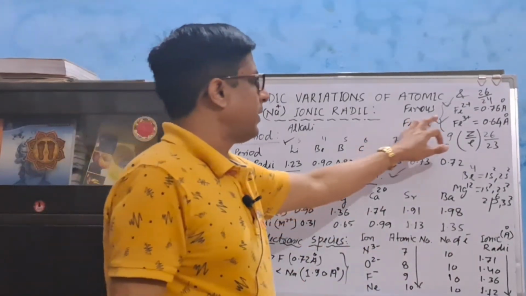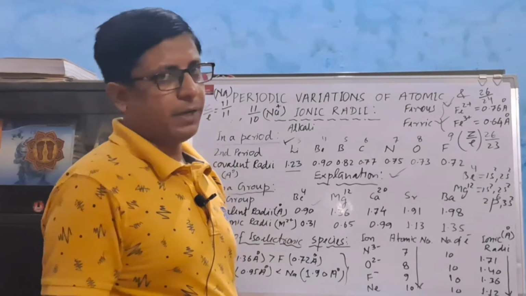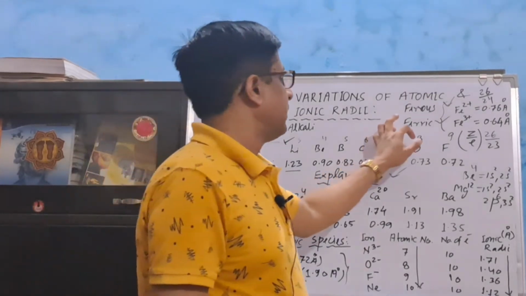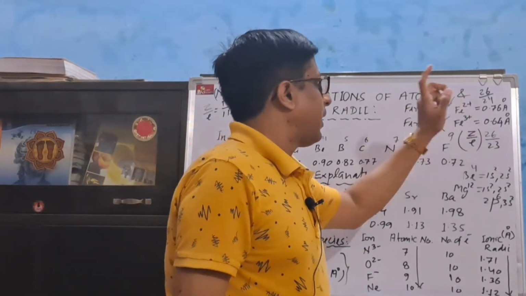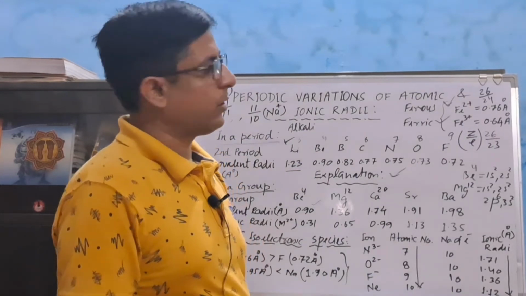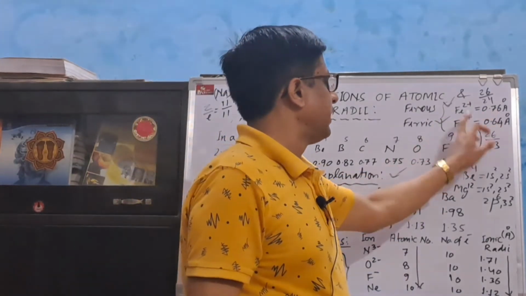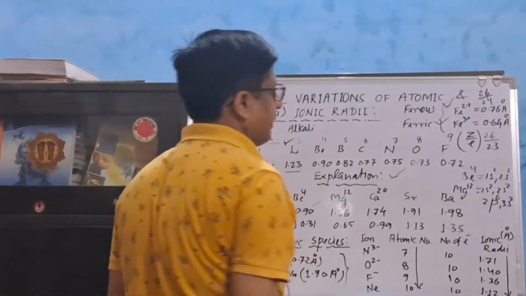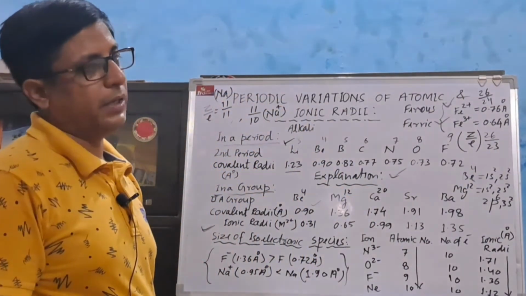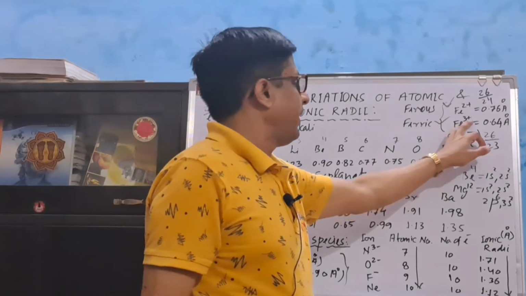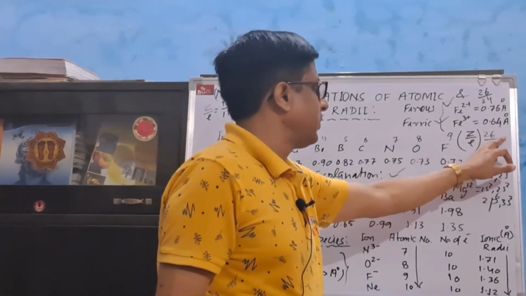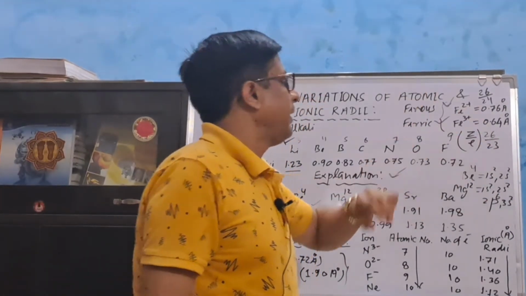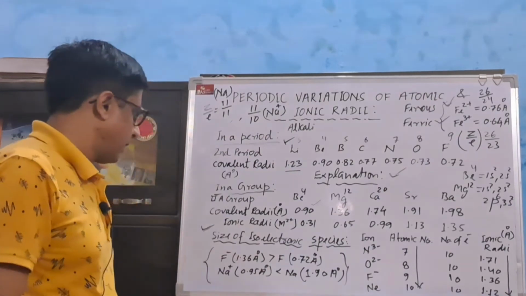In case of ions, same ion having different oxidation state, the size of ion having lower oxidation state is more than in higher oxidation state. This can be explained on the basis of Z upon E ratio. In case of ferric ion, Z upon E ratio is larger than in case of ferrous ion.